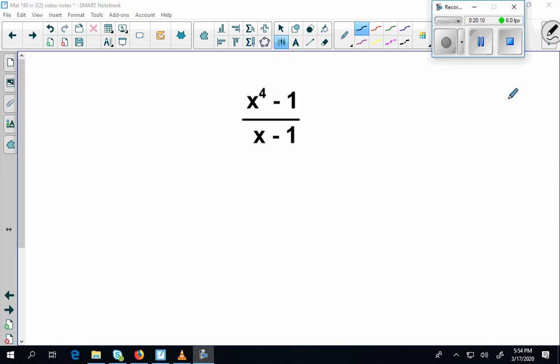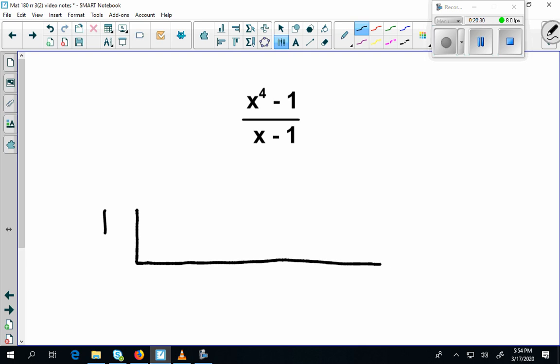All right, let's look at this one. I have x to the fourth minus 1 being divided by x minus 1. So my divisor is already in that form of x minus a number, so I don't have to worry about taking the additive inverse, switching signs or anything. So I'm just going to have 1 outside. Do I need a placeholder? For sure I do.